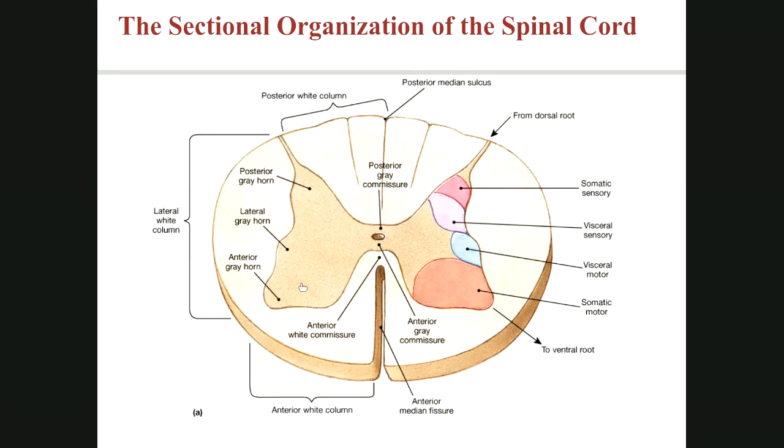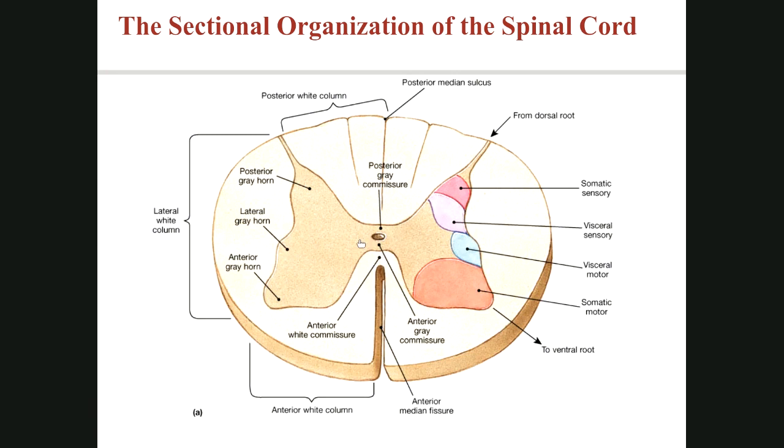The other part of our butterfly, or the gray matter, is located anterior or ventral, or in my picture, it's located at the bottom. We call these two parts the anterior gray horn or ventral horn. The right side and the left side of the gray matter are connected together by a gray commissure.